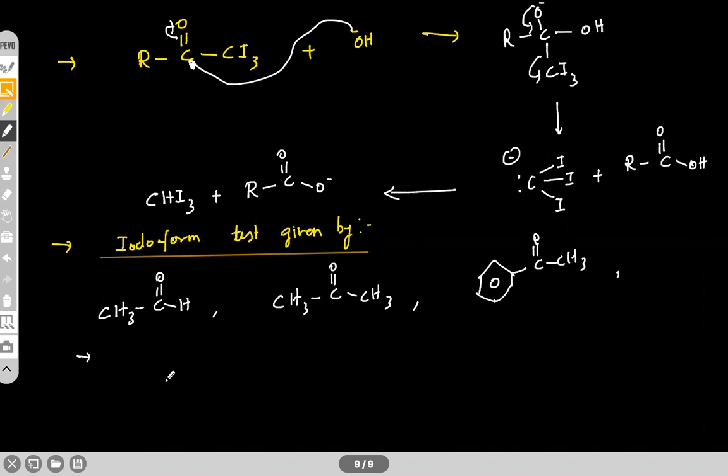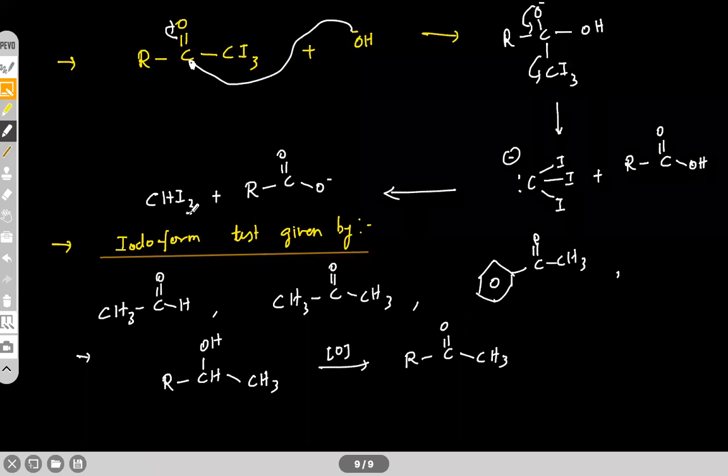For example, we know a 2-degree alcohol on oxidation gives ketone. So if you take a 2-degree alcohol, and one side we have methyl, obviously if it goes under oxidation, it converts into RC double bond OCH3, and hence this gives a positive iodoform test. So this also gives a positive iodoform test.